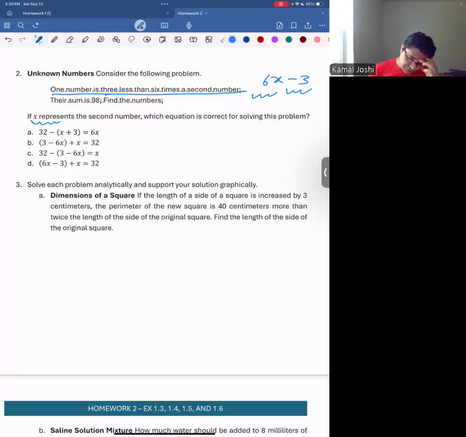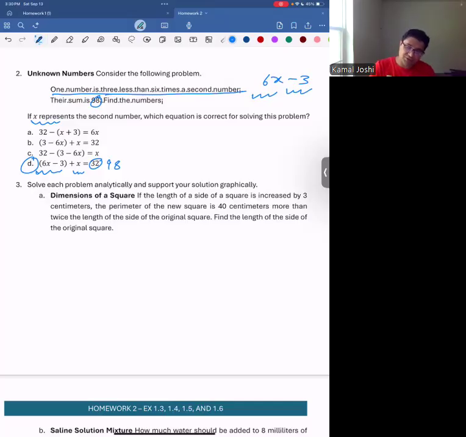Their sum is 98. So you're adding them: 6x minus 3 and x. You're adding them and their sum is 98. Oh, okay. I don't know whether this typo has come out wrong. Let's assume this number here is 98, or the question says 32, it doesn't matter. Then your answer would be this, basically.